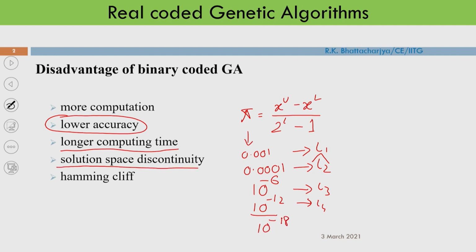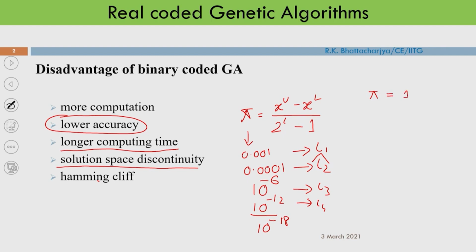Another main disadvantage is solution space discontinuity. Okay. So what is solution space discontinuity? As already discussed, suppose I am using a Δx value of 1 and my string length is 2.